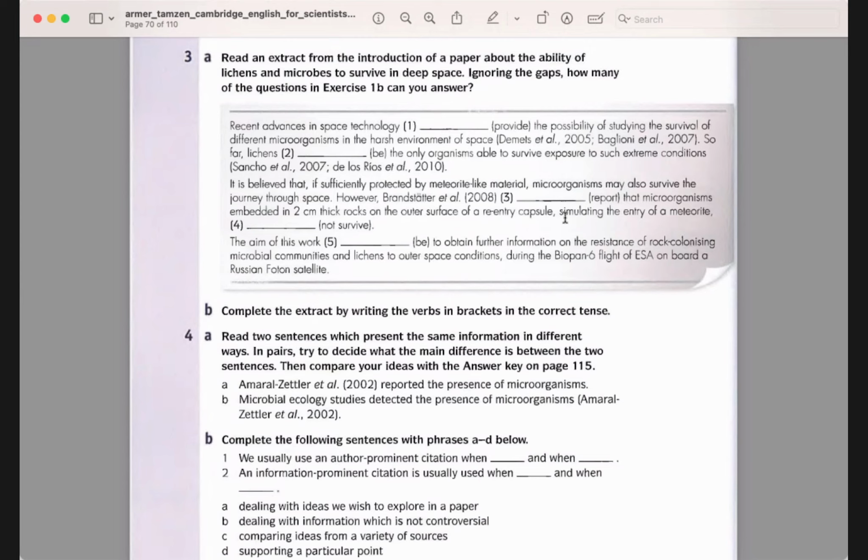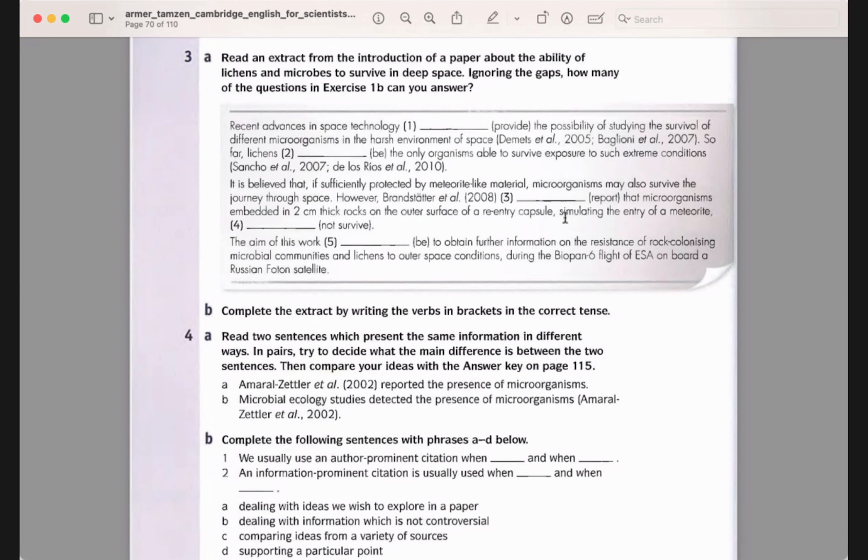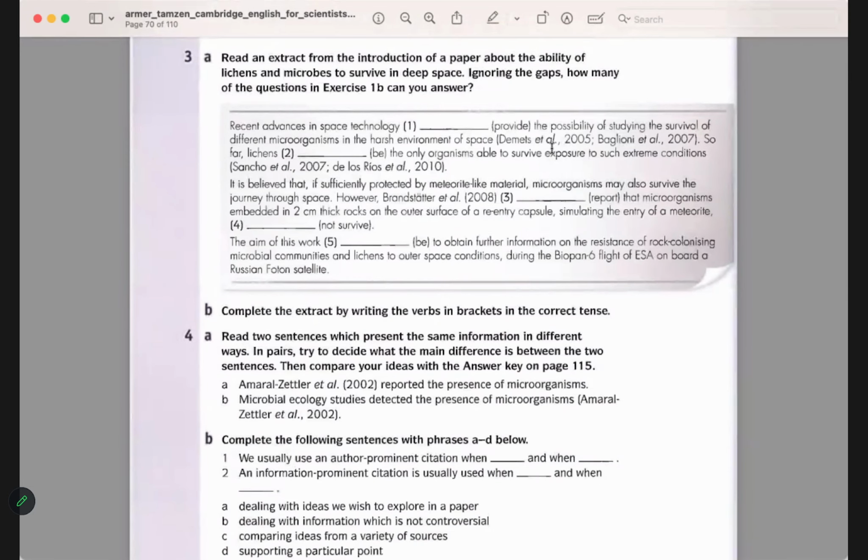Okay. After reading the extract in the previous exercise. Yep. No, this one. Just ignore these words in dash. So just look through and see how many questions you can answer. Those main questions of the introductory part, I mean.